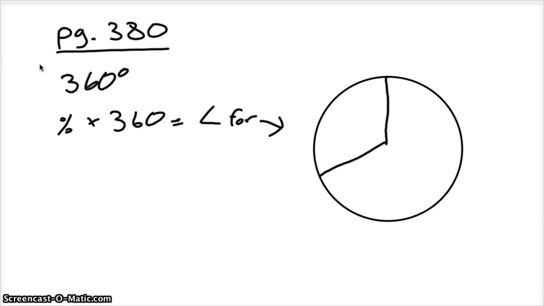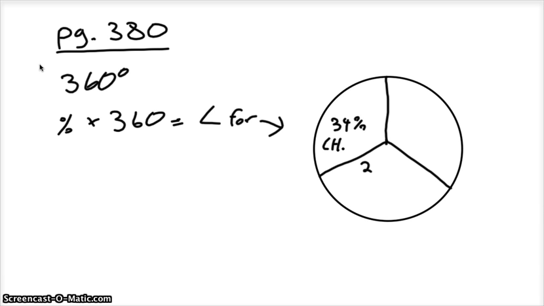It says, in a recent survey, 34% of kids surveyed said they like cheese pizza. So 34 is pretty close to 35, so I'm going to say this is 34% cheese. Alright, the next one, 28% chose pepperoni. I'm going to say 28 is pretty close to 25, and I know 25 is a right triangle. So I'm going to say about that.